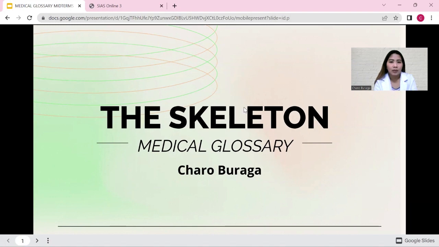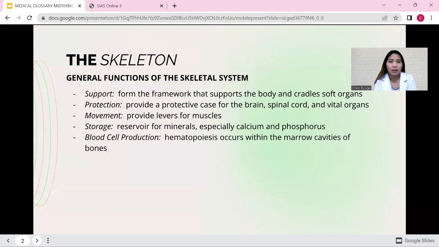Okay, so the skeleton, we have the general functions of the skeletal system. For what? For support, for protection, for movement, for storage, and for blood cell production. Okay, for support, the function of the skeleton is supporting the framework of the body.